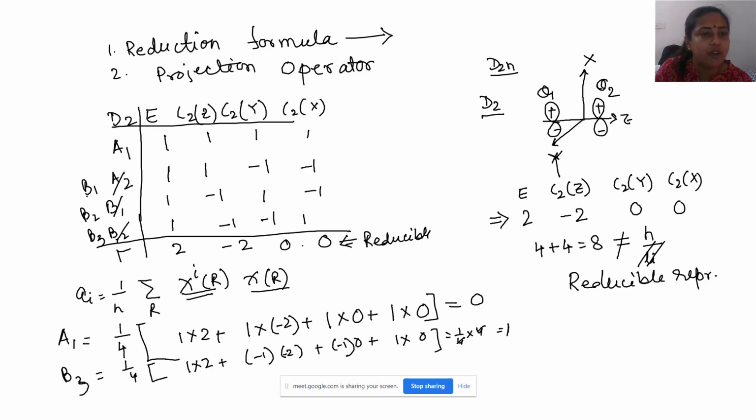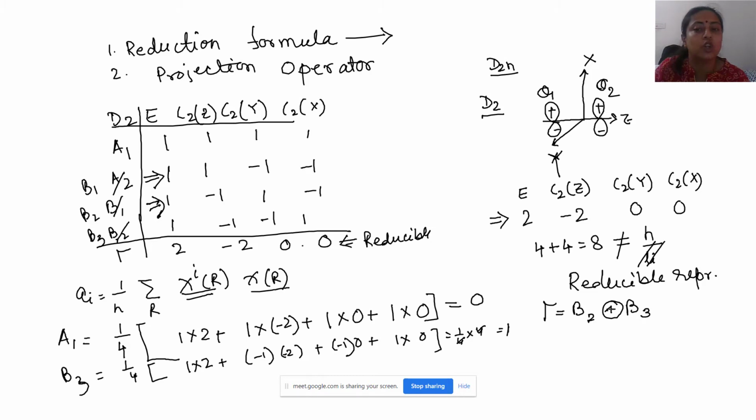Similarly, if you find out for the B1, that is this irreducible representation, you will find out the contribution is 0. But if you find out this particular irreducible representation, it will come as 1. So that means this reducible representation tau is being contained or being spanned by two irreducible representations, B2 and B3.